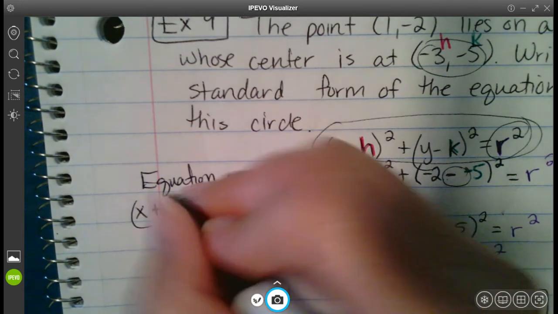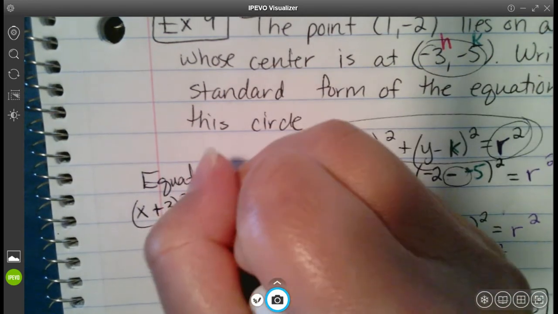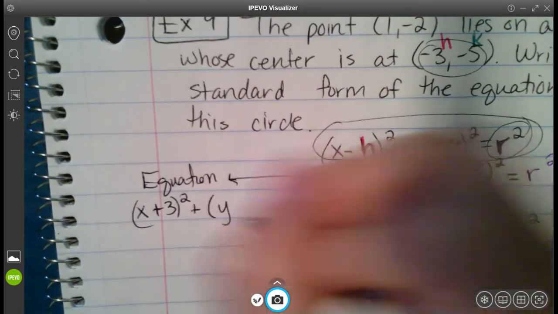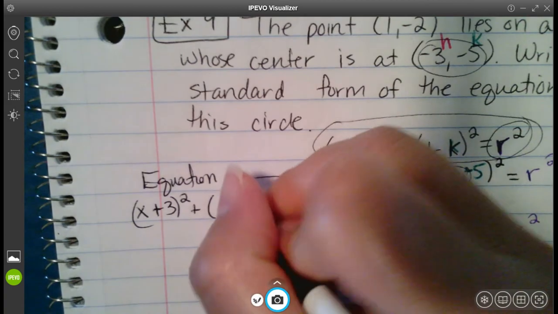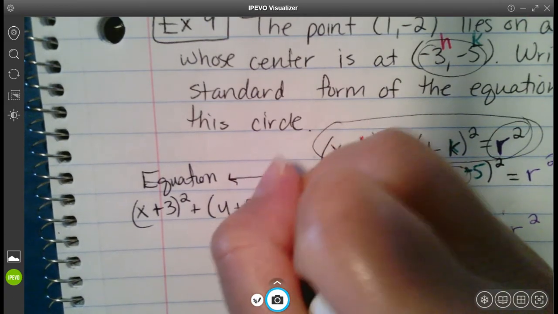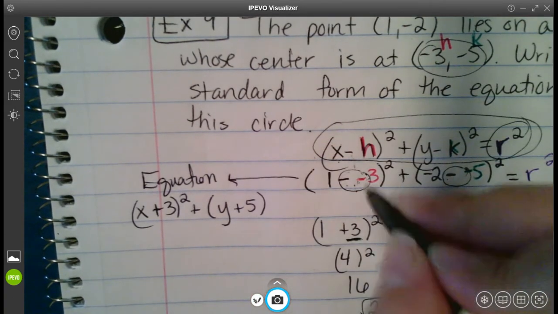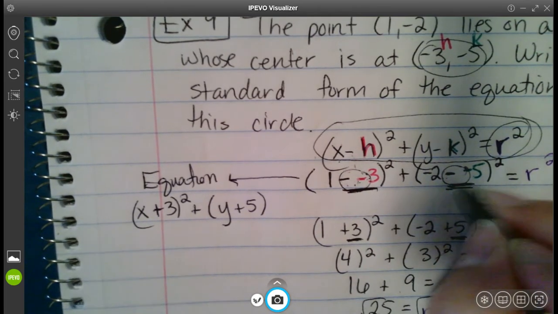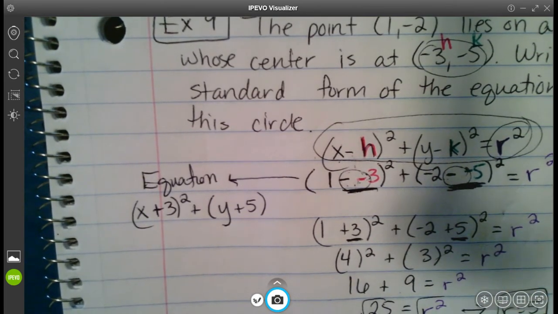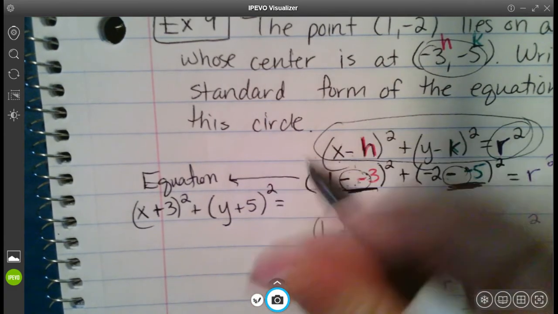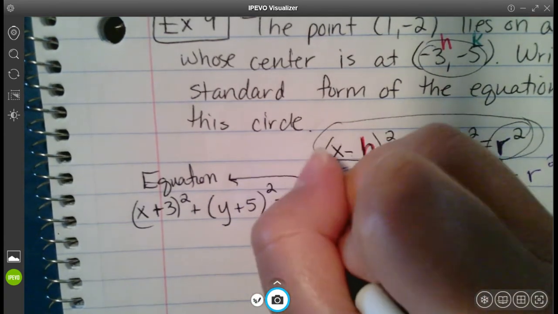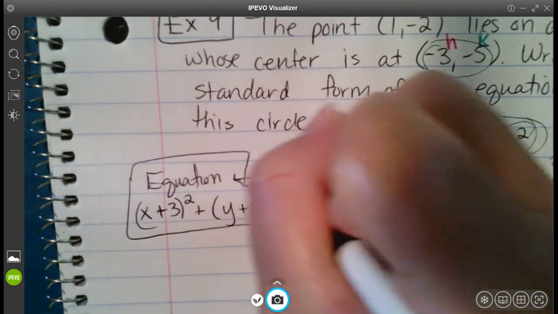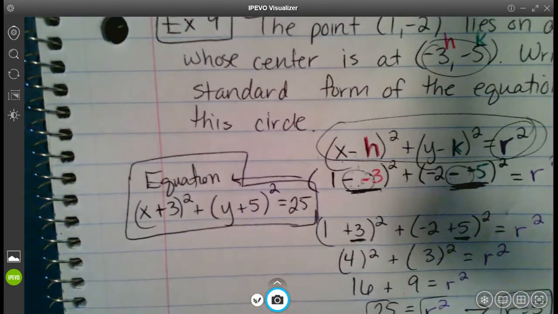So we're going to do plus 3, plus y plus 5. And again, I'm looking at this piece right here. Squared is equal to r squared, which is 25. And that's it.